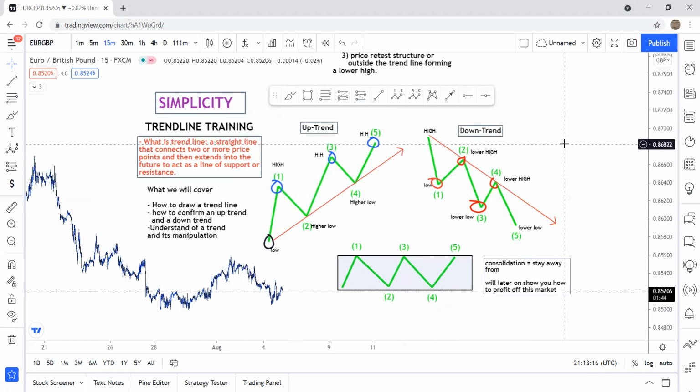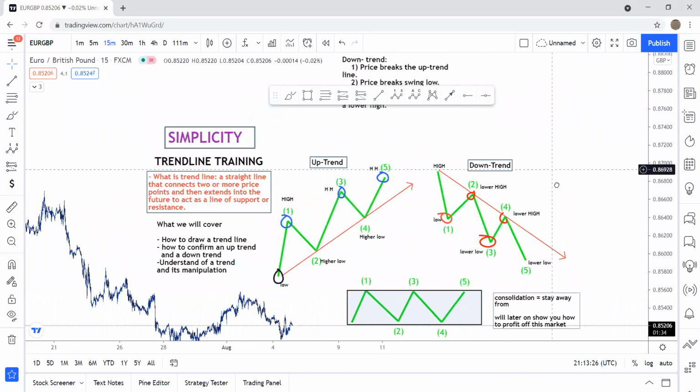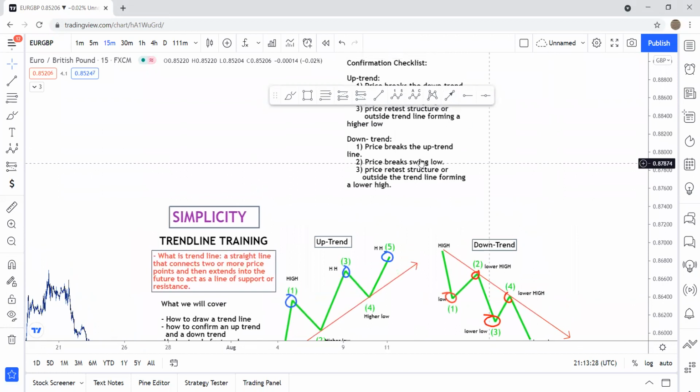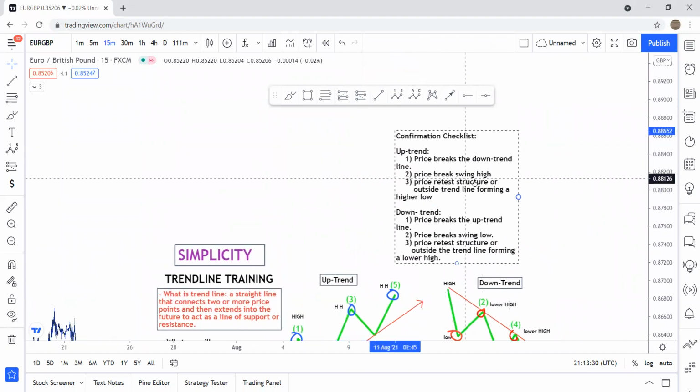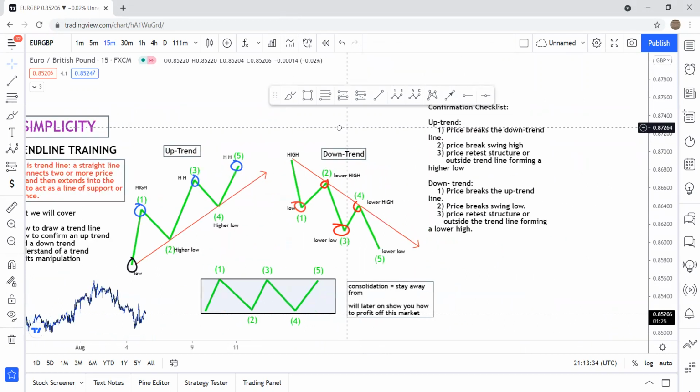a downtrend. Now I'm going to show you how you can draw this up on the chart to help predict your next move, and how you're able to determine if price is now in an uptrend or a downtrend. So before we go on the chart, these are the confirmations for an uptrend and a downtrend. Let's move this to the side over here.